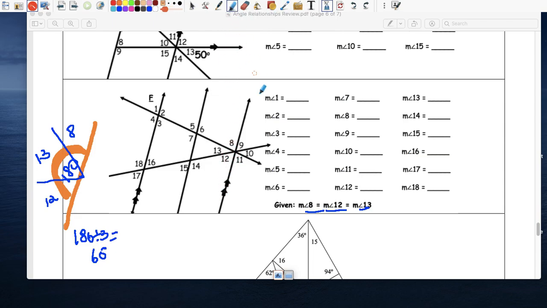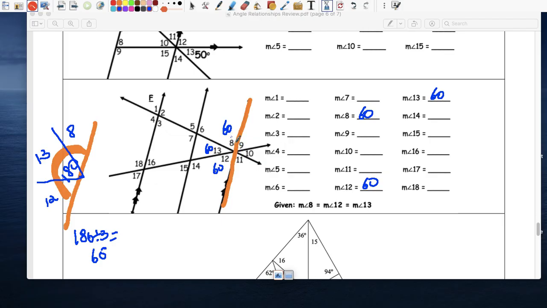So, let me go ahead and do this again. So now we know that angle 8 is 60 degrees. Angle 13 is 60. And angle 12 is 60. And that's our starting point. So let's fill that in. 60 and 60. Now, if angle 8 is 60, guess what?